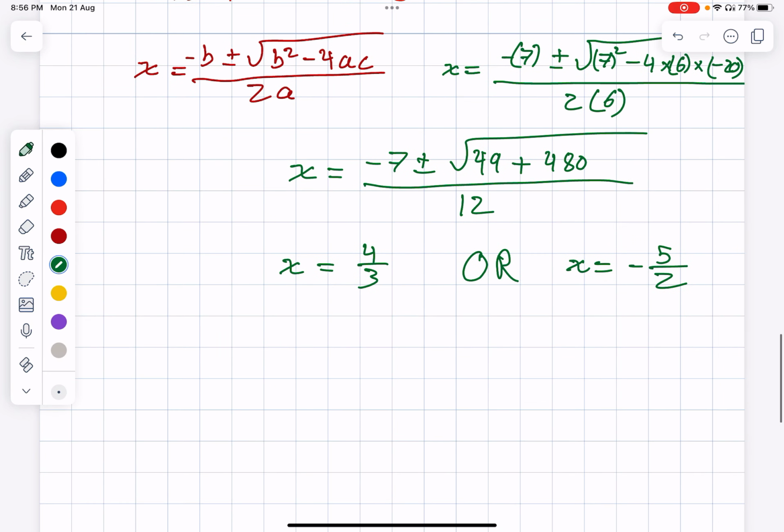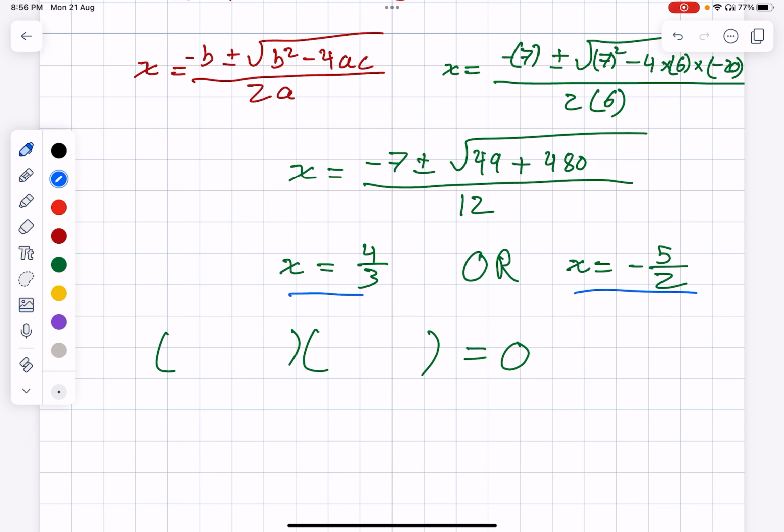Now, if you want to check your answer, here's what you can do. You can put it in the form of brackets, which is equal to 0. And what you can do is revert these two answers to this way.